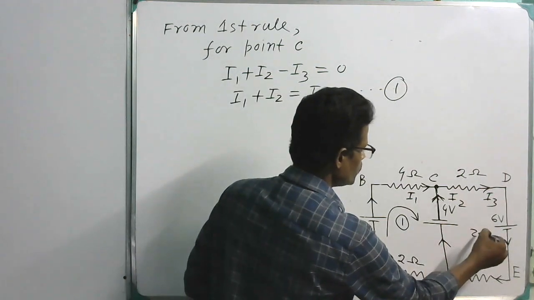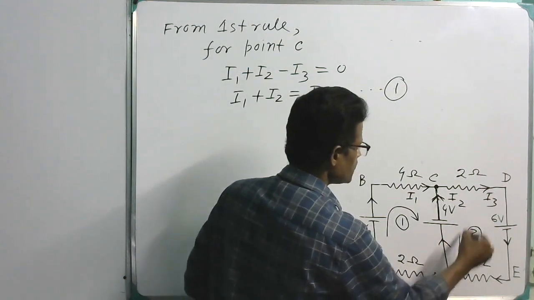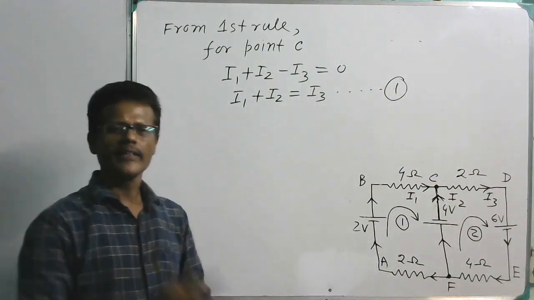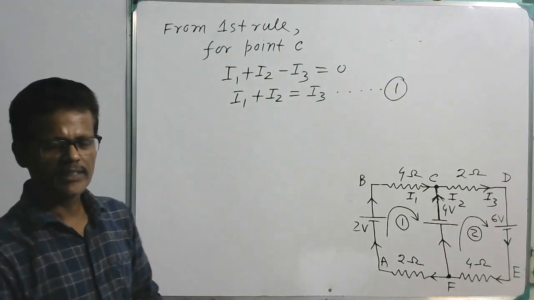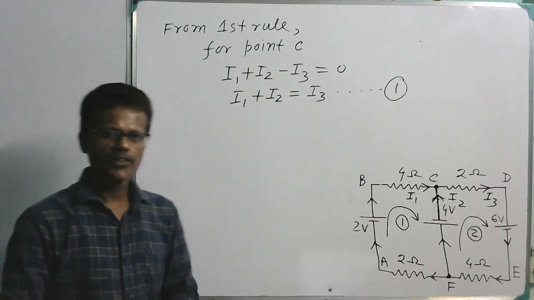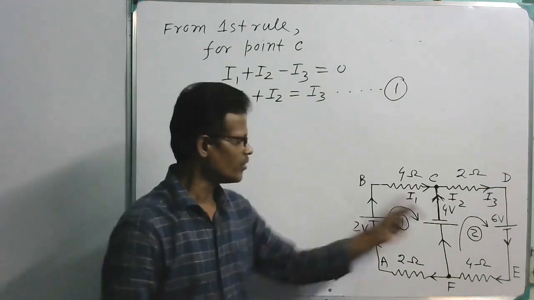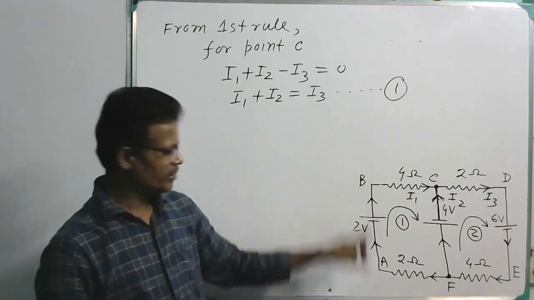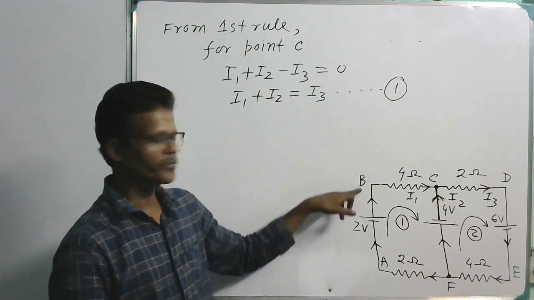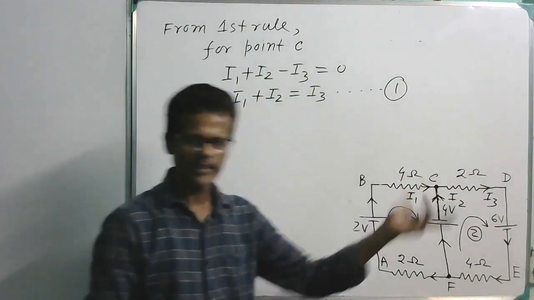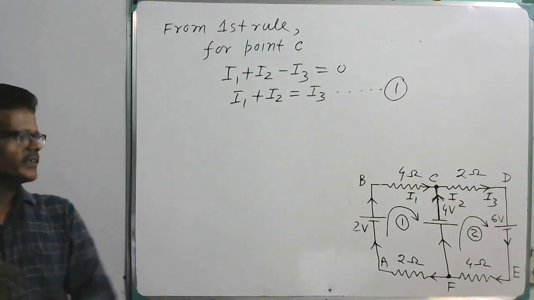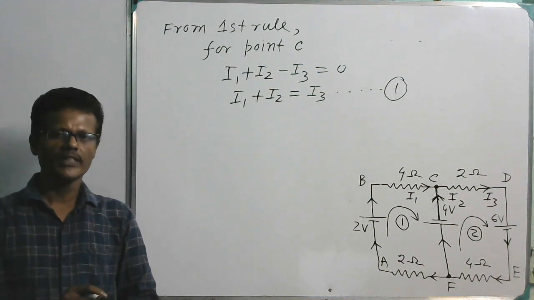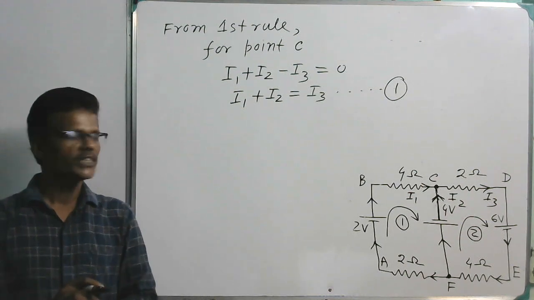Say this is loop 2, you are proceeding this way. You may proceed either clockwise or anti-clockwise, that is your own choice. There is no fixed rule. You may start from any point, not only point A; you may start from point B or point C. There is no restriction.